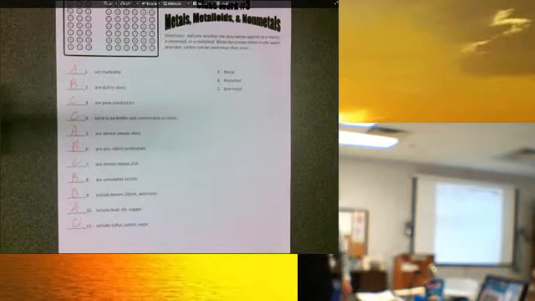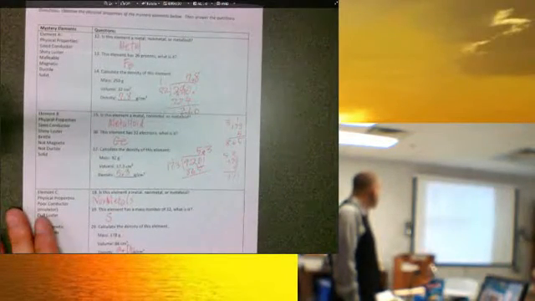Okay, on the back. Number 12 was metal. 13, iron. They could put the word iron or abbreviated Fe.